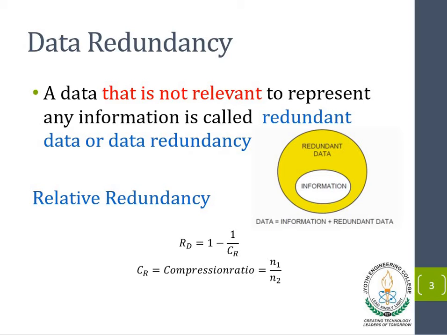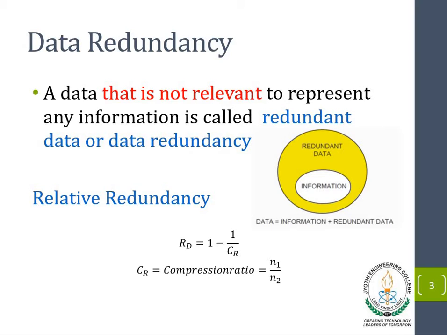Therefore, these representations are said to contain data redundancy. Or simply we can say data that is not relevant to represent any information is called redundant data or data redundancy. So in our actual data, there will be the actual information plus some redundant data, as mentioned in the figure.